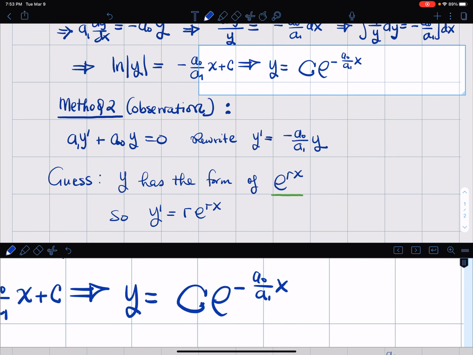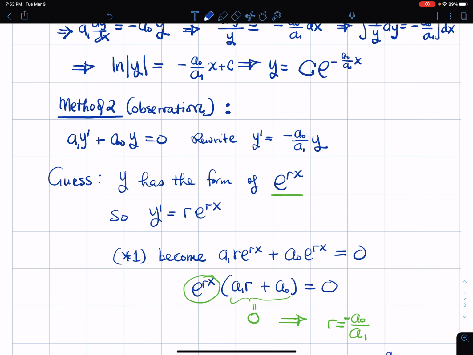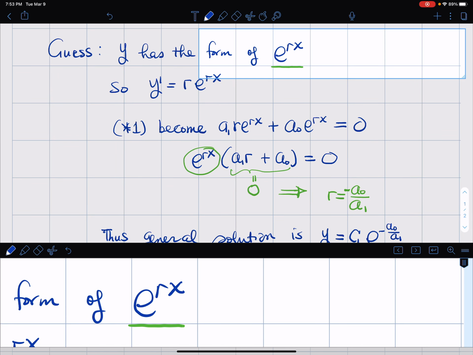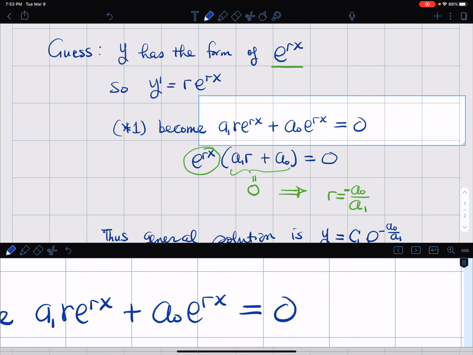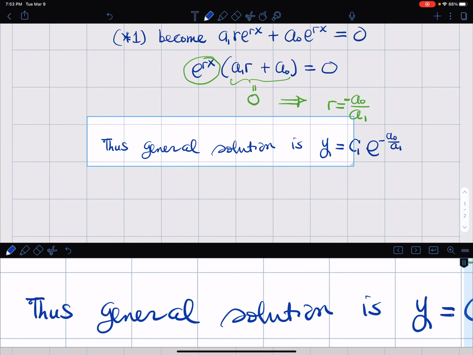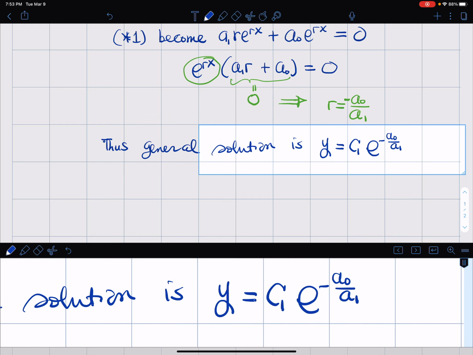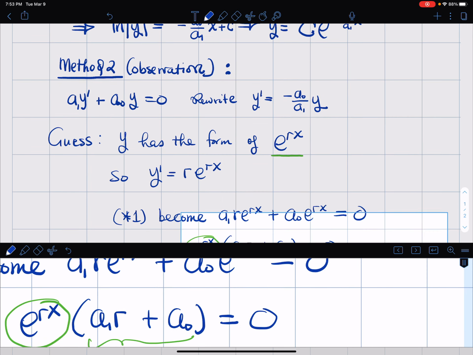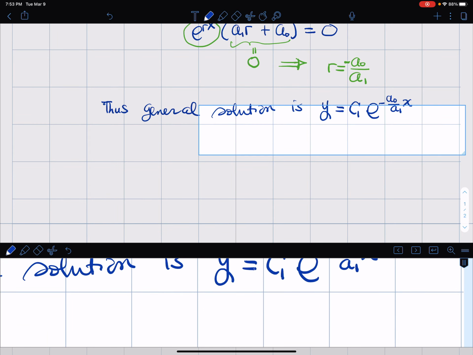Okay? So, let's review what we did. We guessed that the solution has the form e to the rx, right? And we ended up with the general solution c1 e to the negative a0 over a1 x. Yeah, we have x. So our r is negative a0 over a1.